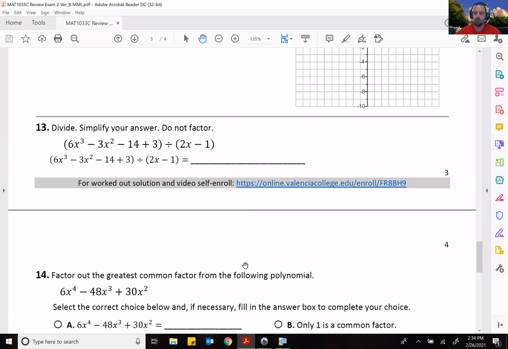So there is only one long division problem. We have 6x cubed minus 3x squared minus 14x plus 3, and that is being divided by 2x minus 1. Yeah, that negative 14 there should have an x by it.